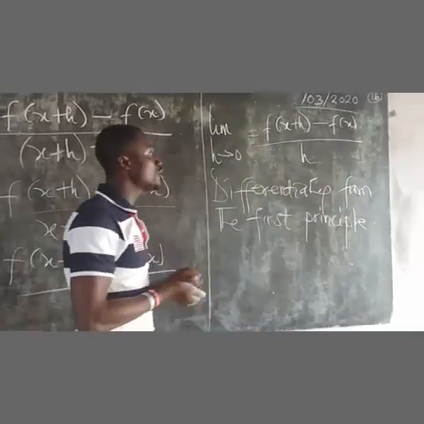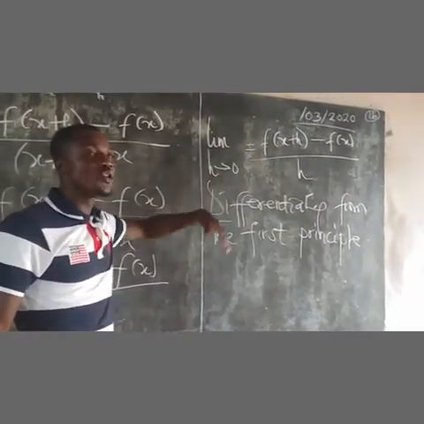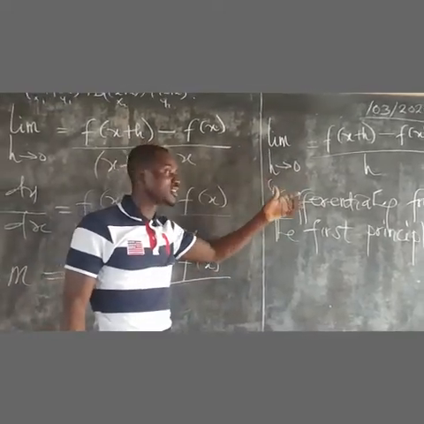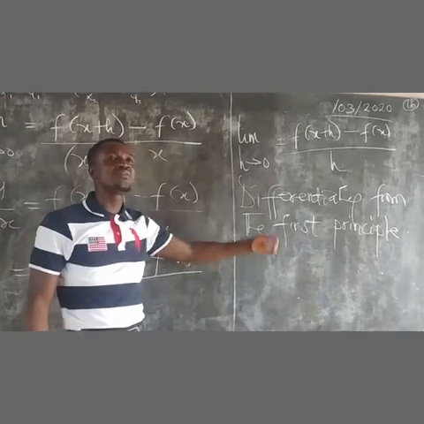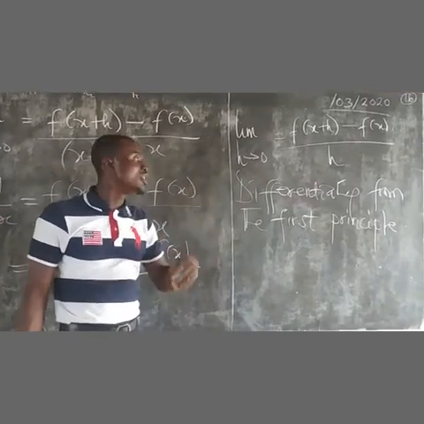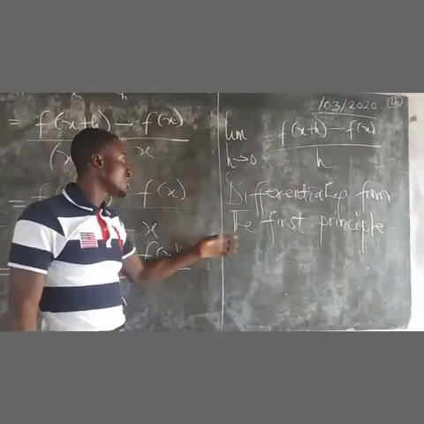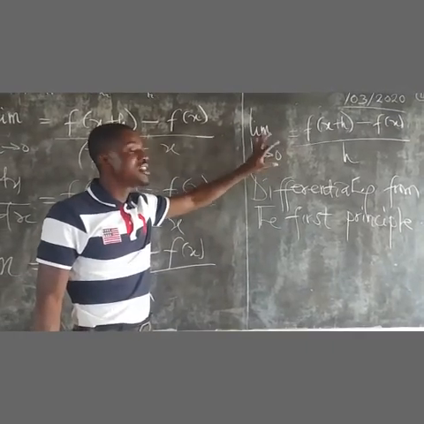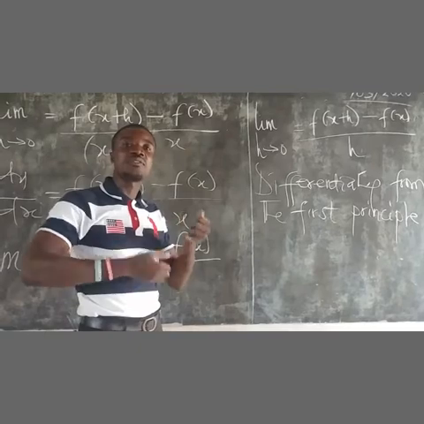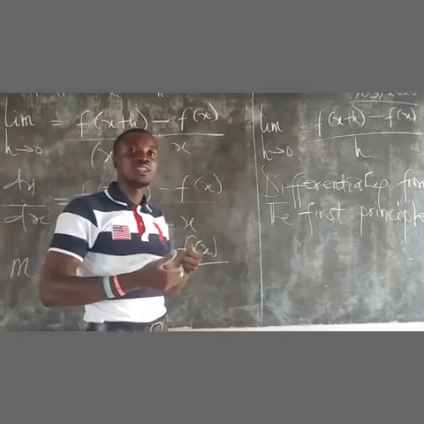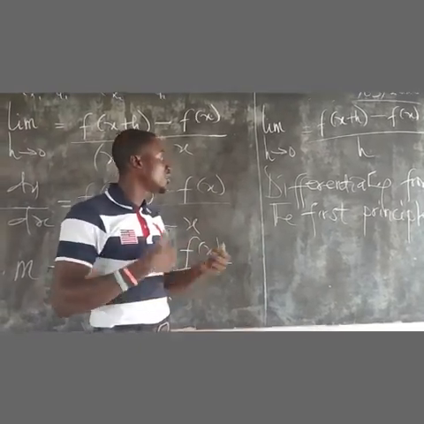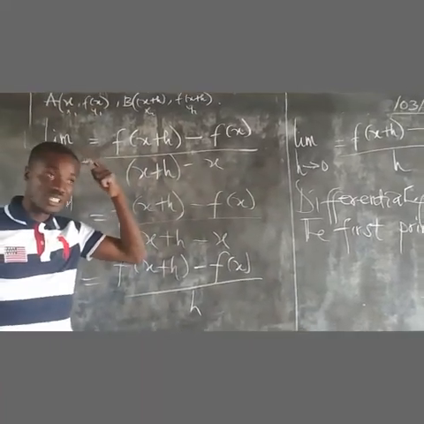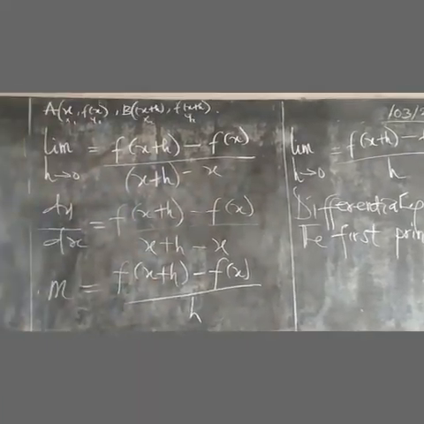Very good. So if you use this formula, or this idea, to find the derivative of a function, then we say that you are differentiating that function with respect to x. So if you use this, then you are using the first principle. So take note, that is the first principle, and that is the proof of the first principle.